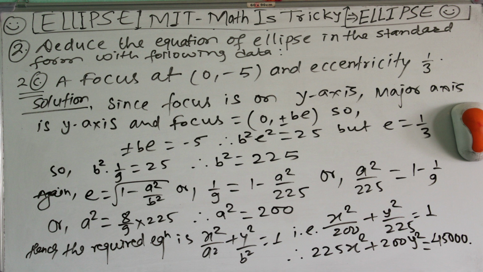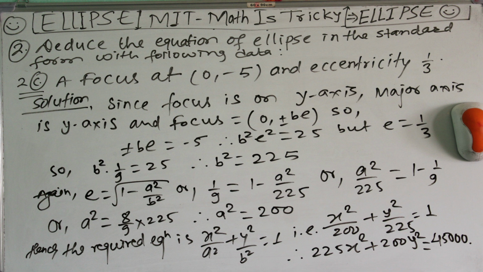From that we'll get e square is 1 by 9, that gives b square equals 225. And once again, if we use the formula for e with e as 1 by 3 and put the value of b square as 225, on simplification we get a square as 200.